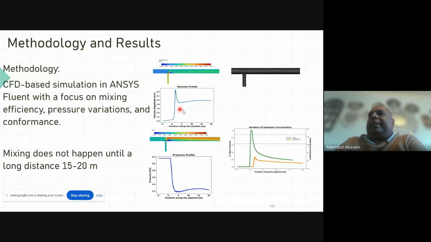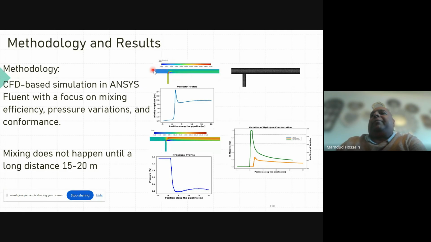Velocity is not interesting, but if you look at the pressure profile here, you can see the pressure was high in the methane stream, but once you mix methane with hydrogen, pressure drops significantly, and then pressure remains low here. Now you have to balance your compressor and compressor station based on this low pressure pipe system.